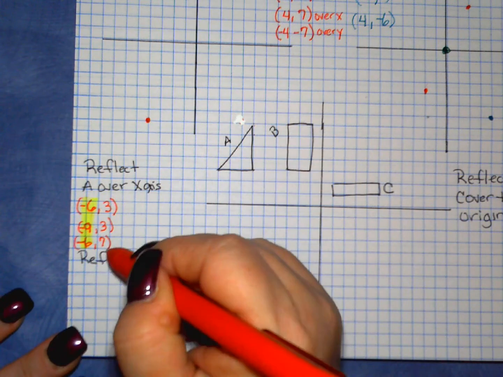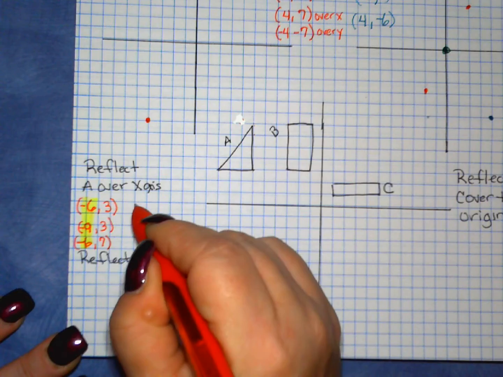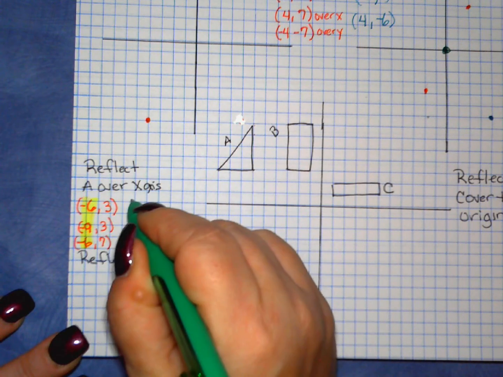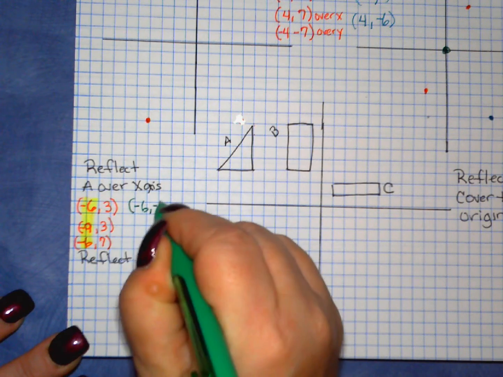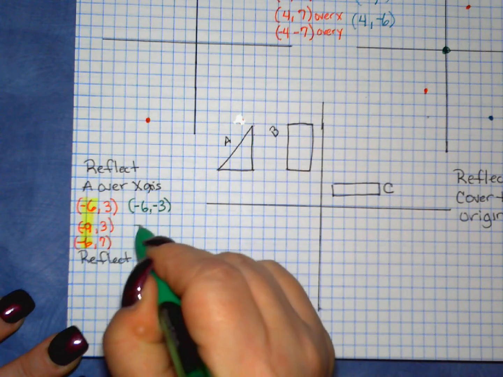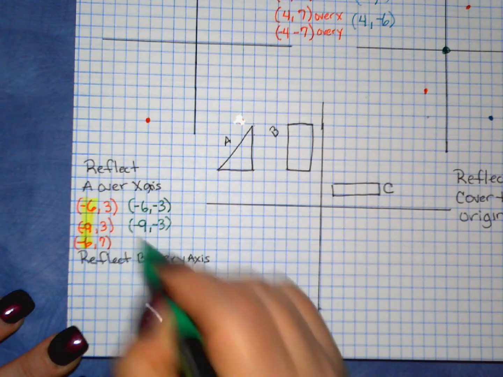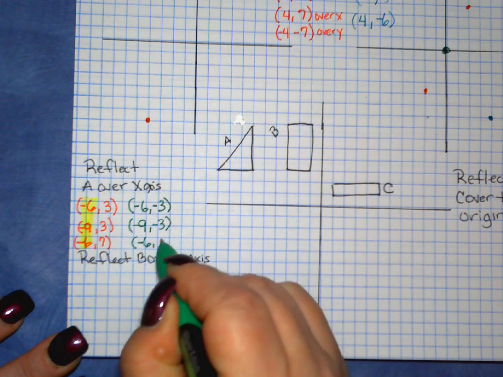These are going to change to their opposites. I'll do our new numbers in green. Our new numbers are going to be -6, -3, -9, -3, and -6, -7.